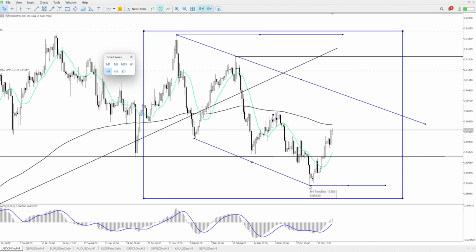If you take notice, we have a trend here, more like a diagonal channel forming currently on the 4 hours time frame. And let's identify our highs. This is another high, this is another high, and also this is another lower high that was formed.